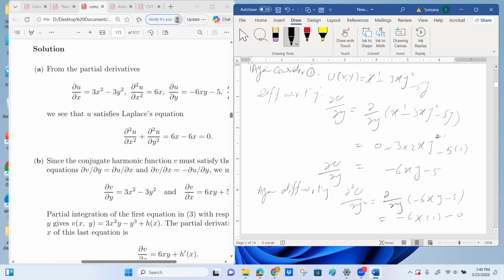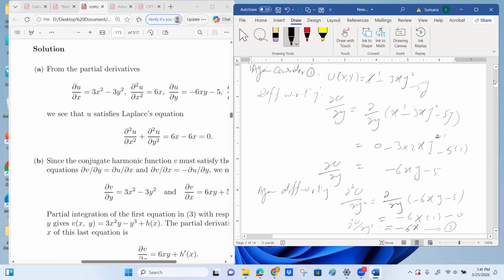The derivative of 5 with respect to y is 0 because it is a constant value. So its result is minus 6x. This is the partial square u by partial y square, and that is equation number 3.